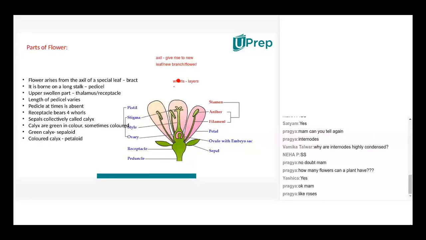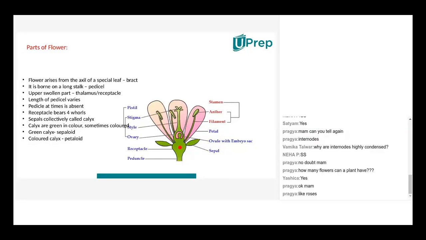The first layer is that of sepals. The second layer is of petals. The third layer is of androecium, and the fourth will be pistil. Pistil is also known as carpel. So these are the 4 whorls that are present in the receptacle.